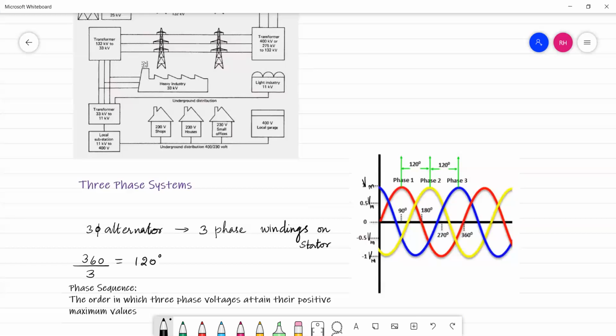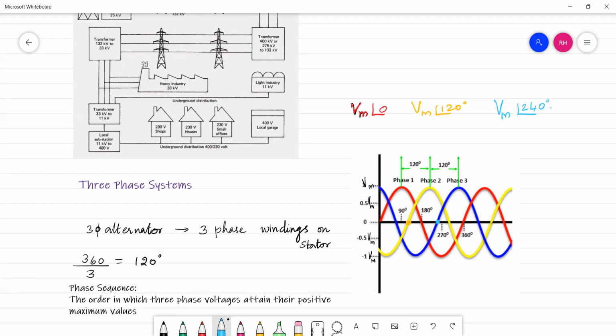If Vm is the magnitude of voltage generated, the voltage generated by the red phase is Vm angle 0, the voltage generated by the yellow phase is Vm angle 120 degrees. That is, after 120 degrees, the yellow phase starts its generation, and the blue phase voltage is Vm angle 240 degrees, where the blue phase starts its generation after 240 degrees.